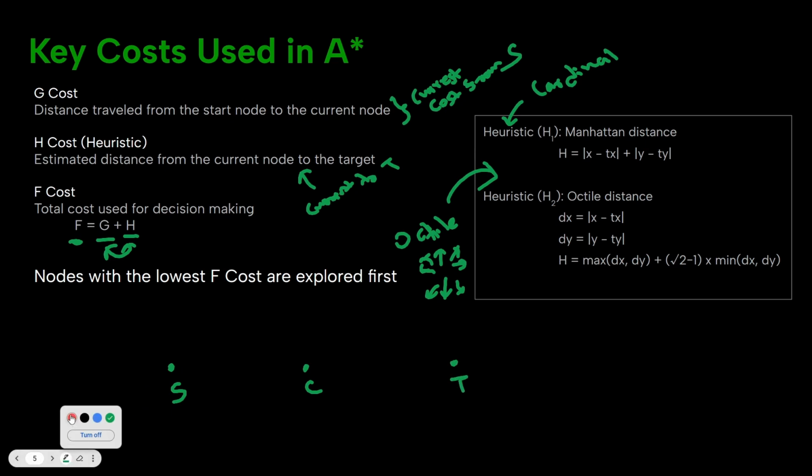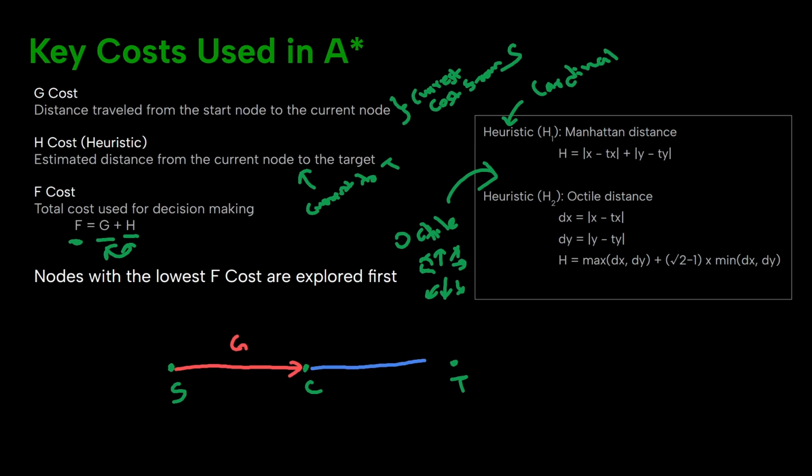So this is the cost or the distance that you have already traveled, which is G, and this is the cost that is yet to be traveled, which is H. If you take the addition of these two costs, it will give the total cost, or else F.